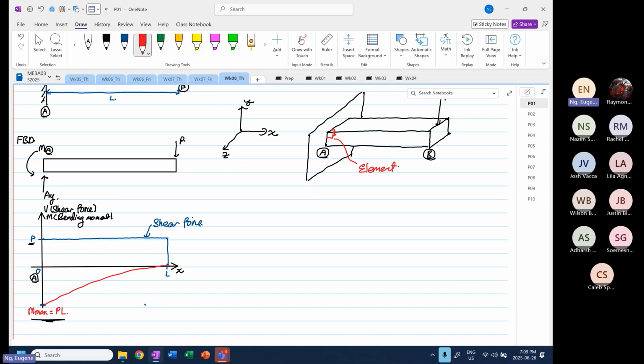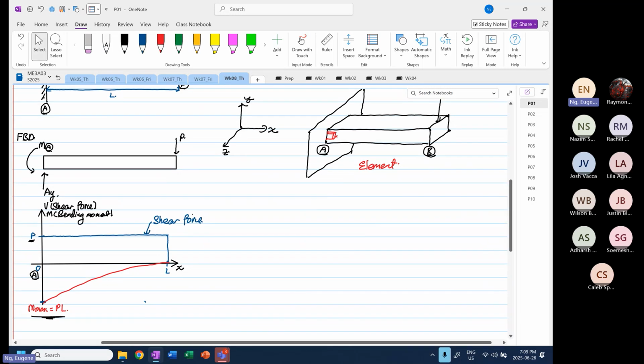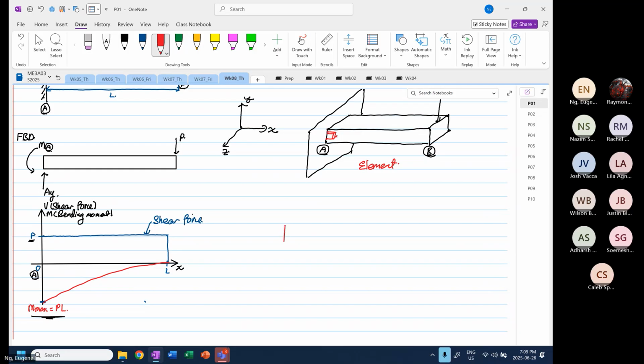I do apologize for this. If we were to place our element over here, I'm going to expand the view of the element. So now the element looks like this.